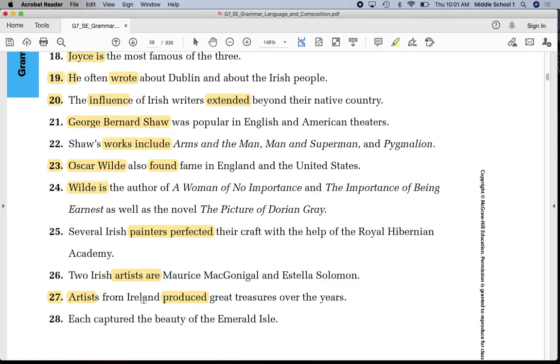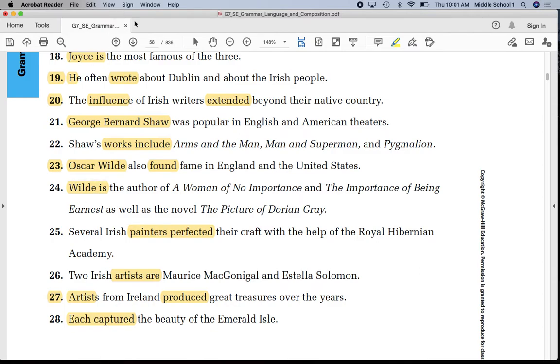Because this is a prepositional phrase, artists once, produced twice, line between Ireland and produced. Finally, each captured. Line between each and captured, underline each once, captured twice.